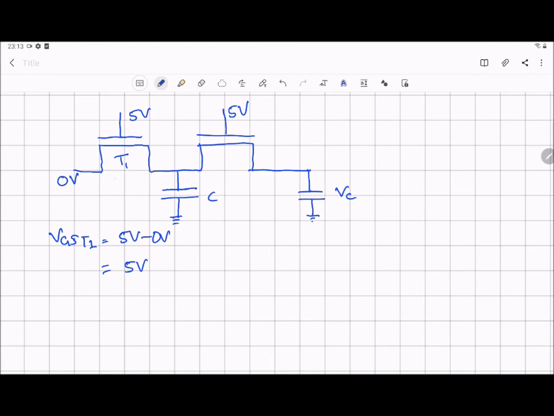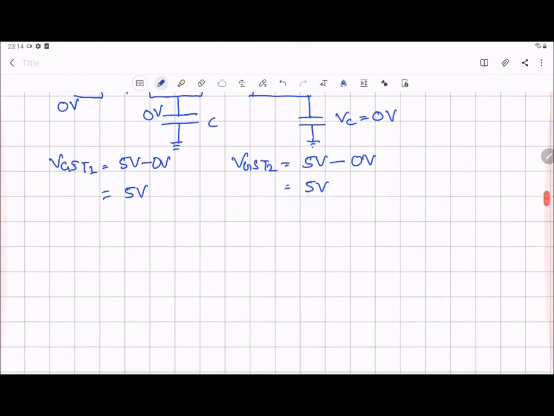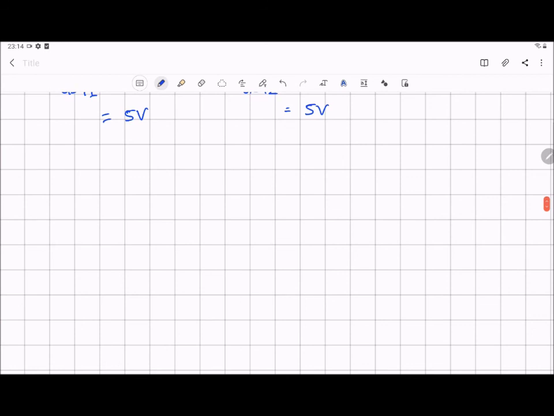So this 0 volt will completely discharge the capacitor C, and 0 volt will be stored across the capacitor C. This terminal, let us call point X, will act as a source terminal for transistor T2, and for transistor T2 VGS T2 is equal to 5 volt minus 0 volt is going to be 5 volt, and hence transistor is always on, and this will completely discharge the capacitor, and the voltage across the capacitor Vc is going to be 0 volt.